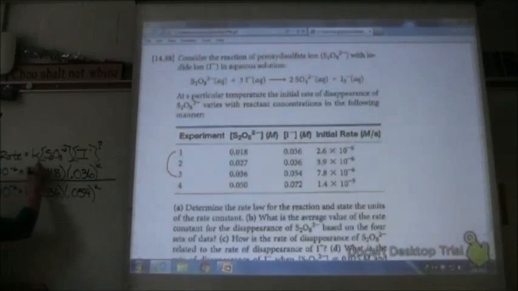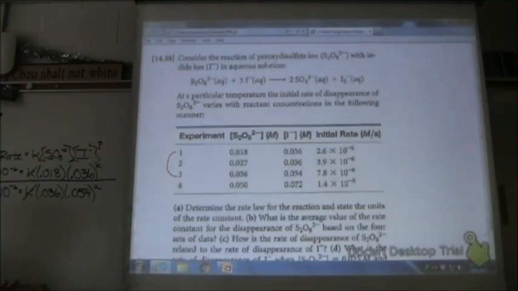Yeah, K, gone. Okay, keep it simple. One piece divided by one piece, and even simpler, get rid of the times 10 to the 6th. Tell me, please, what is 2.6 divided by 7.8? 1/3, so 0.333.